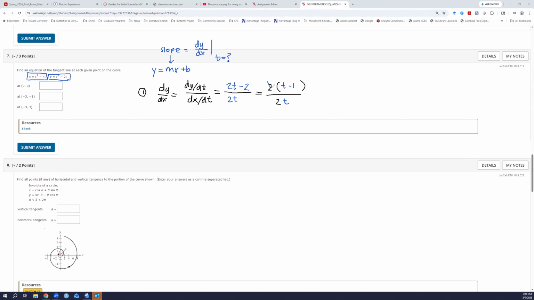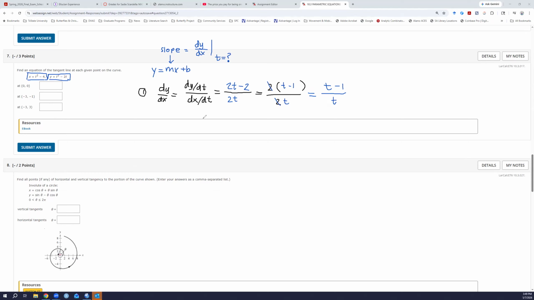So that means that our factors of 2 will cancel out. So our function that describes the slope of this curve at any given point is going to be the function (t minus 1) over t, right?